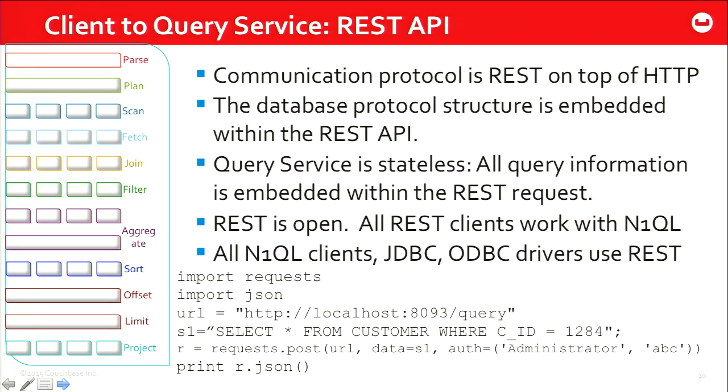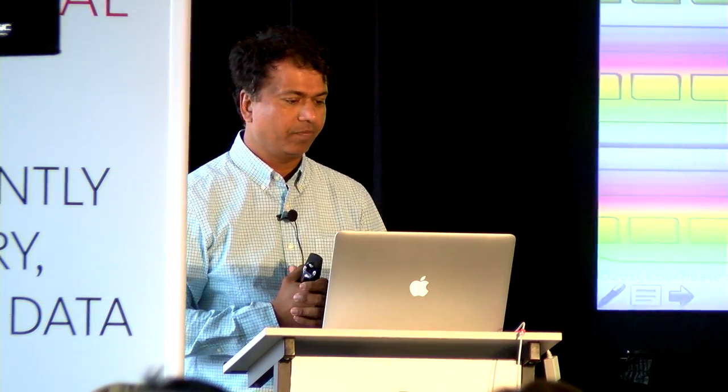It's always working continuously when you give it work. Being stateless means you can spawn a new query service at any time and submit queries. You can switch between query services between multiple queries. If you have an application distributing the workload to multiple query services, you can issue a query to query service 1 followed by query service 2. So you can switch over and do load balancing very easily.